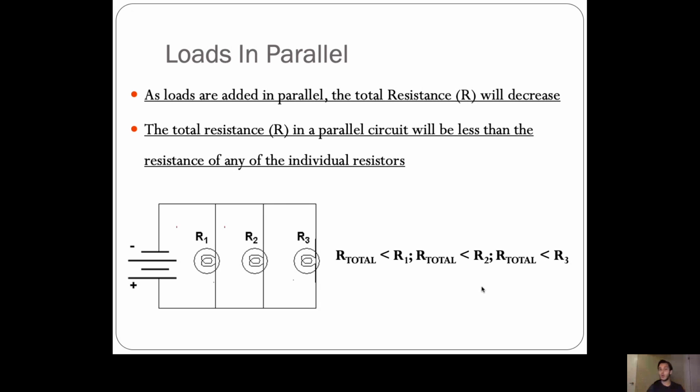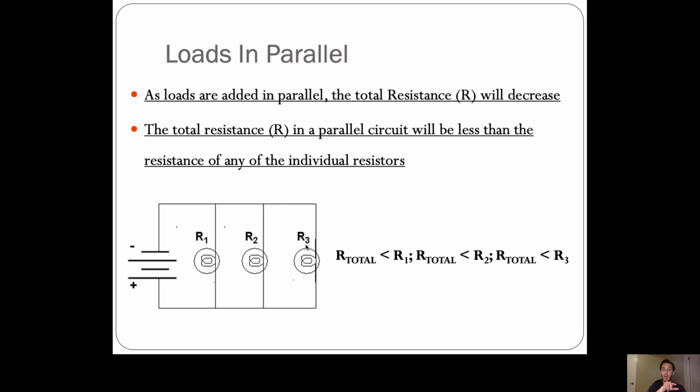For now, all you need to know is that as you leave the source, the resistance in each of these parallel branches will be less than the total resistance. Okay? So when you attach these loads in parallel, the total resistance always decreases.